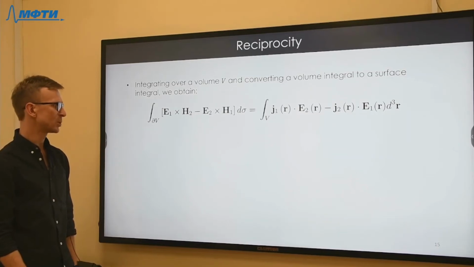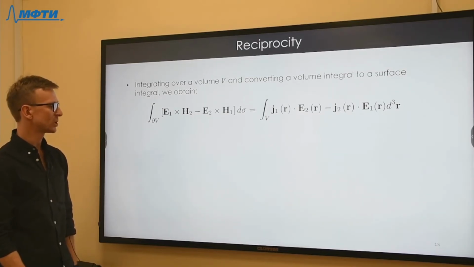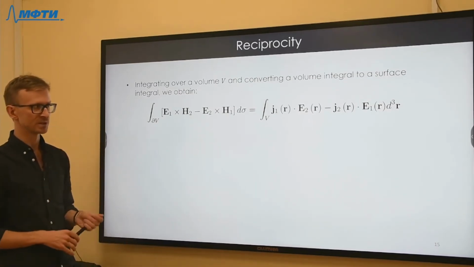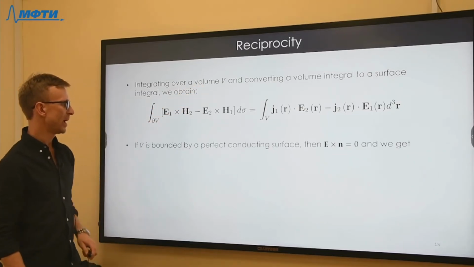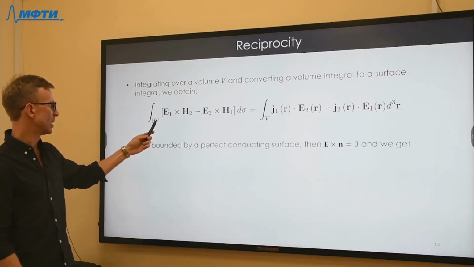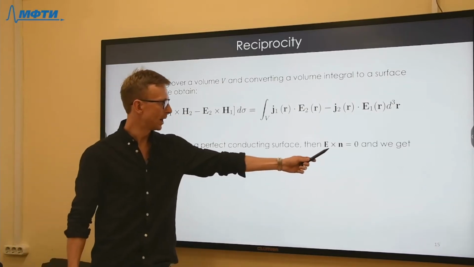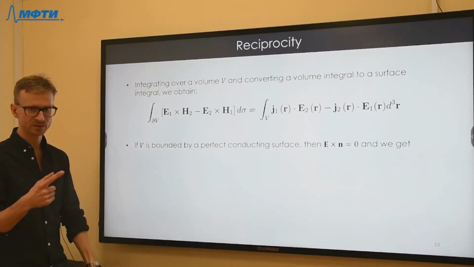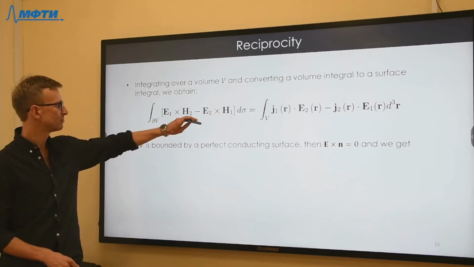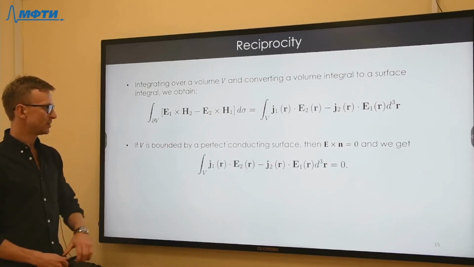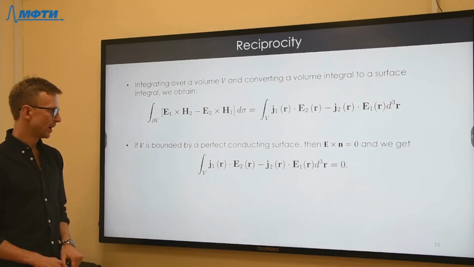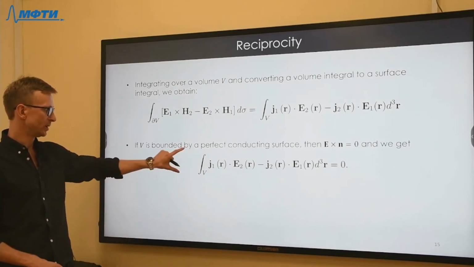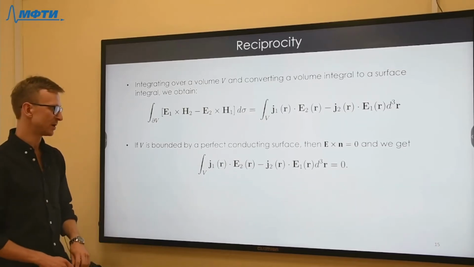Well, still quite cumbersome, right? What can we do with this? Well, we can use the fact that our volume is surrounded by a perfect conductor, and that means that at the boundaries this guy is 0, tangential component of electric field is 0, and then this expression reduces to this, where the integration is performed over the entire volume.